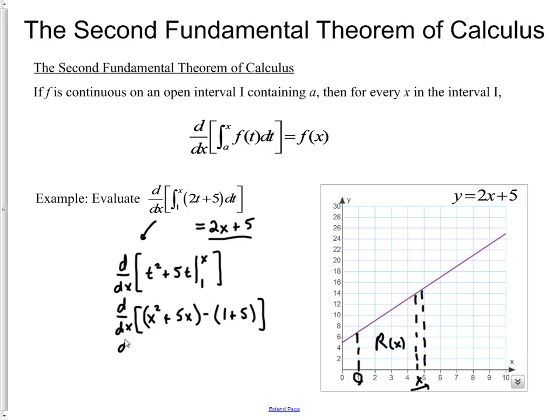Well, working that out, that's our derivative with respect to x of the quantity x squared plus 5x plus 6. And sure enough, our derivative of that expression would be 2x plus 5.